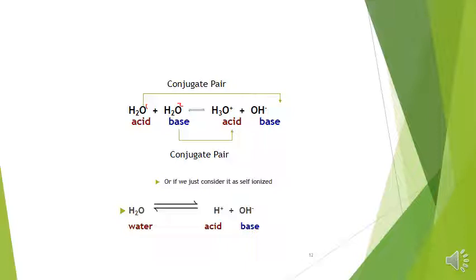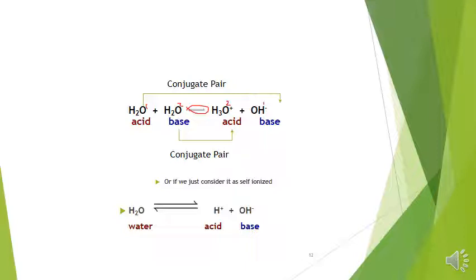Water 1 can act like an acid and water 2 can act like a base. Now water 2 has gained an H, and water 1 has lost an H. And water is a weak acid.